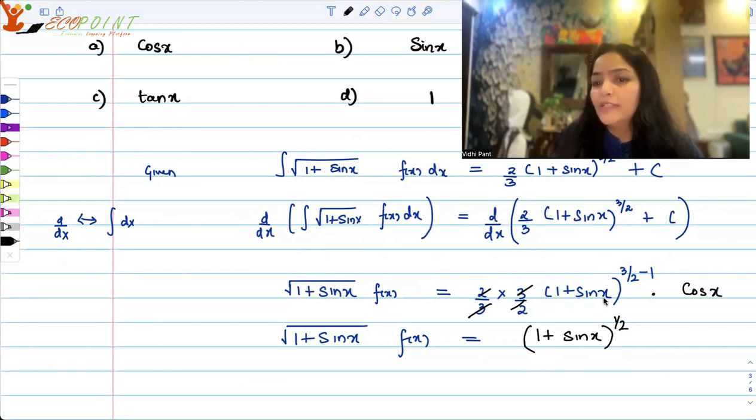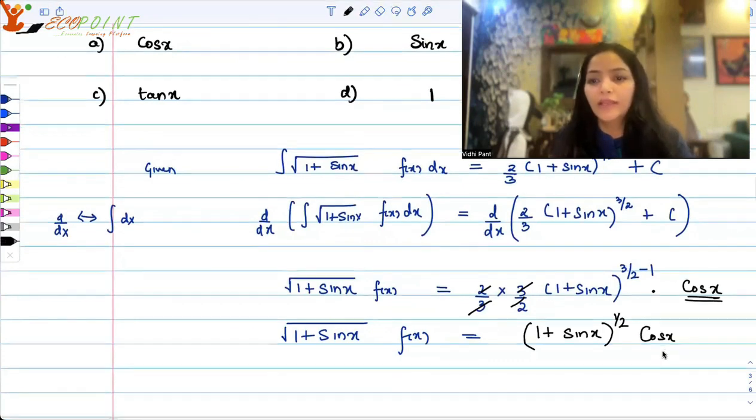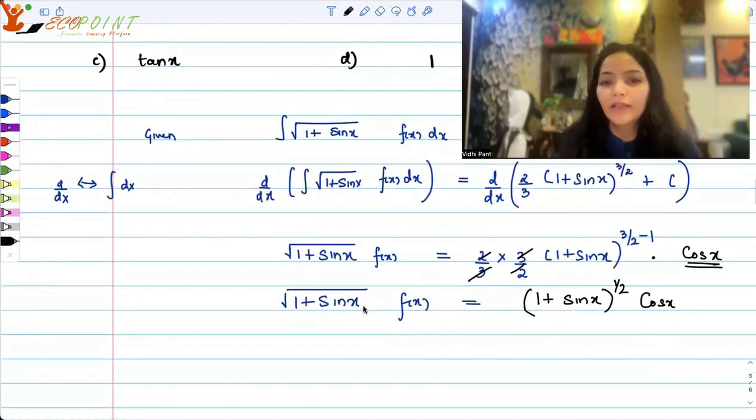So 1 plus sine x, you will have to differentiate that and you will get cos x here. For c, the derivative will be 0. So you just get cos x here, which means that the two sides can only be equal when it's exactly the same. So that means this f(x) is nothing but cos x.